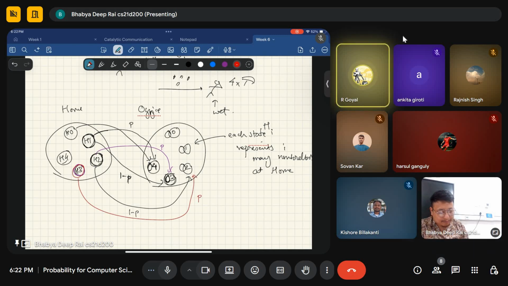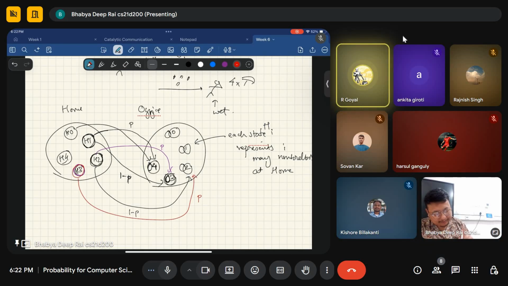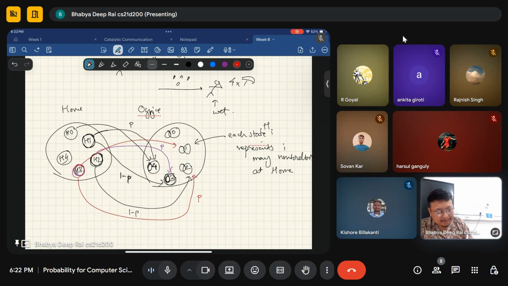O2 with the probability of P, 3 plus 2, 5. And with the probability of 1 minus P, I would move to the state wherein the sum came out to be 4. So it has to be O1. Nice, good generalization. I hope the logic is clear.